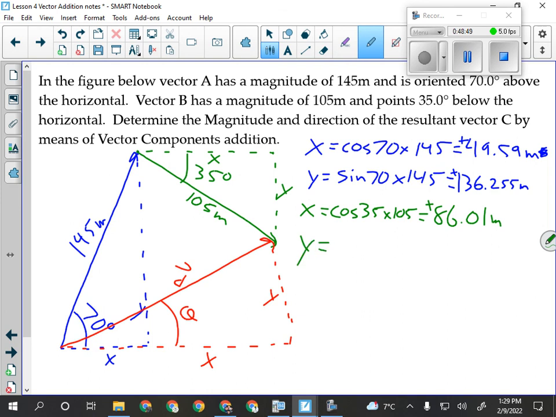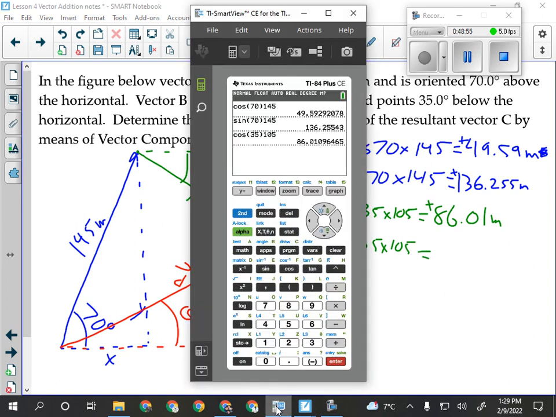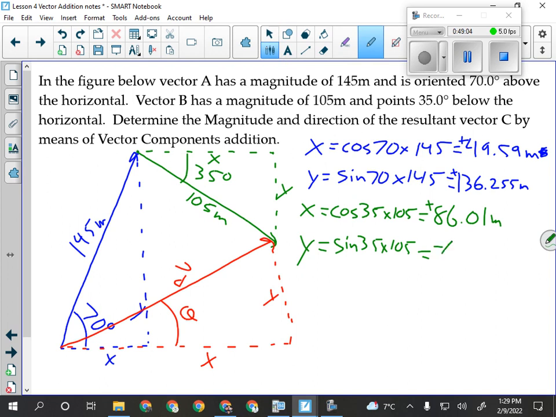And our y is the opposite side, so sine of 35 times 105, and it's 60.22, but it's negative because it's down. It's going this way.